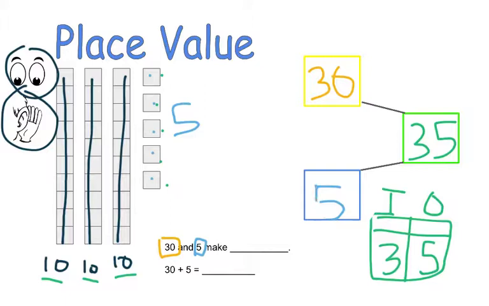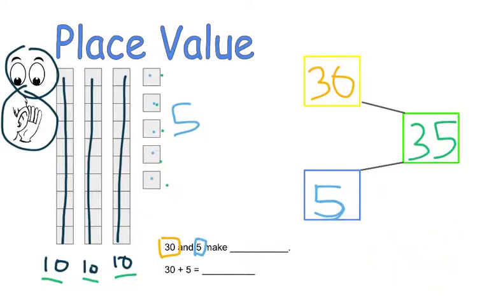So now we need to finish filling in our sentences here on the bottom. This first one says 30 and 5 make. So when we put 30 and 5 together, a clue for this is that and means addition and make means equal.